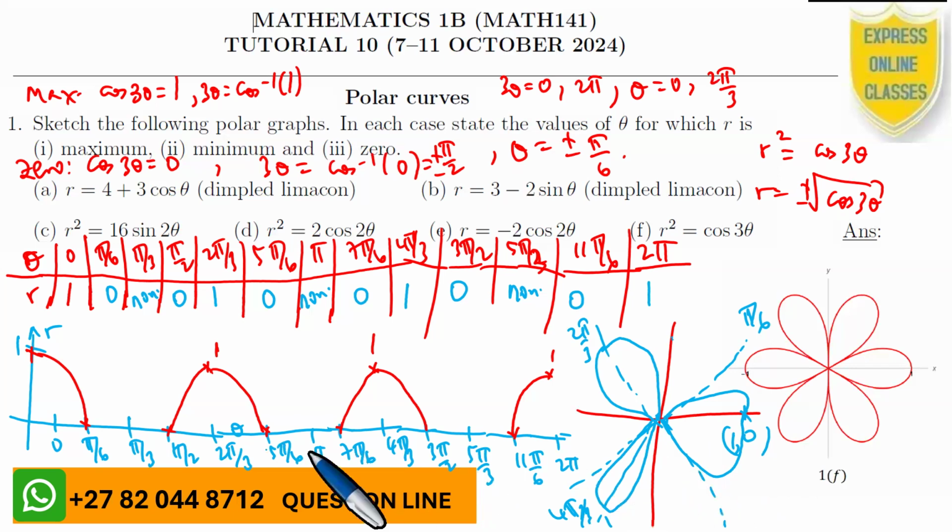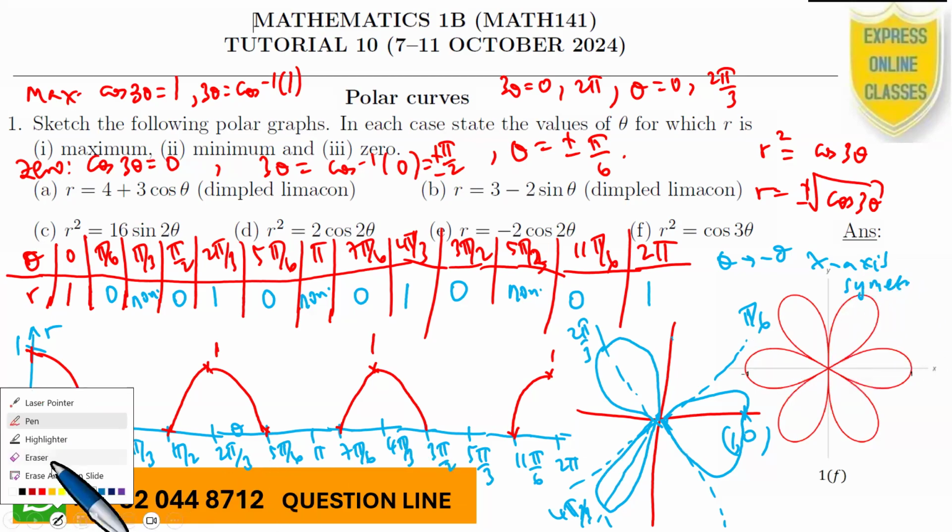So this deals with the positives. But now, this graph is symmetric with respect to when you replace theta by negative theta. The graph is the same because the cosine is an even function. So there's symmetry about the x-axis. X-axis symmetry. Right.